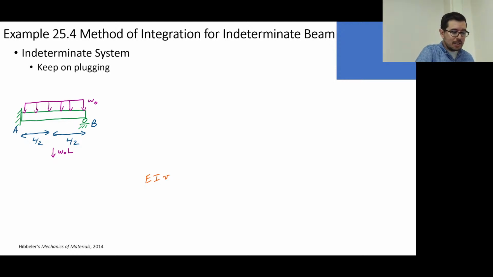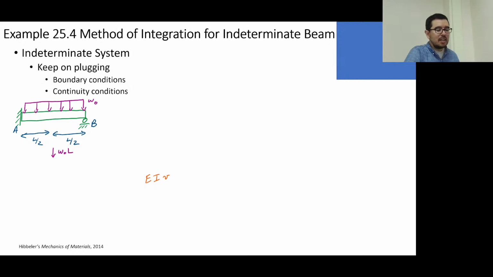You have an indeterminate system, and if we're going to use the integral method, we just keep on plugging. Okay, that's pretty much it. We have boundary conditions, we have continuity conditions, and we work it.